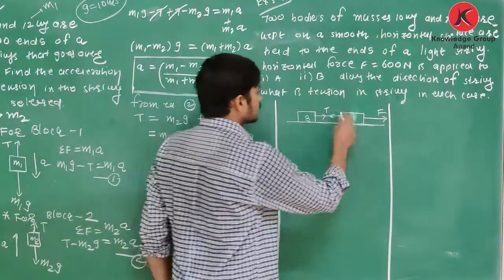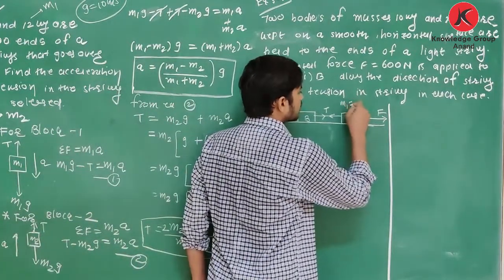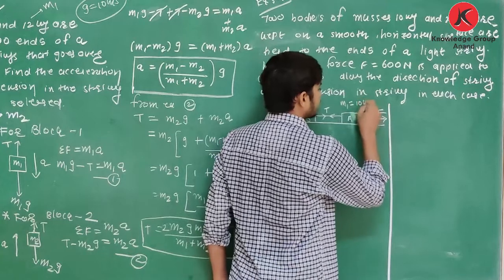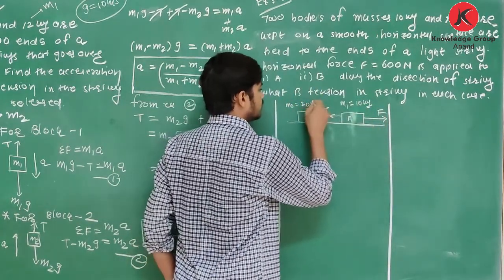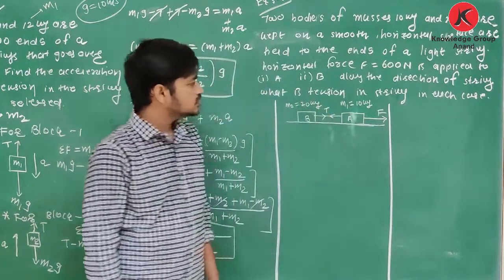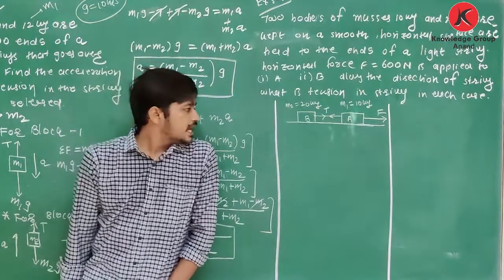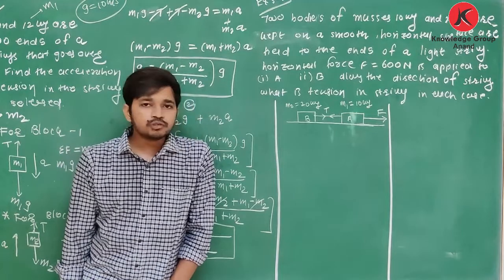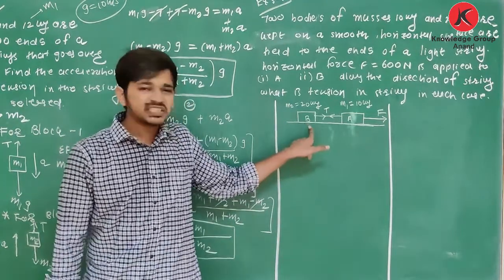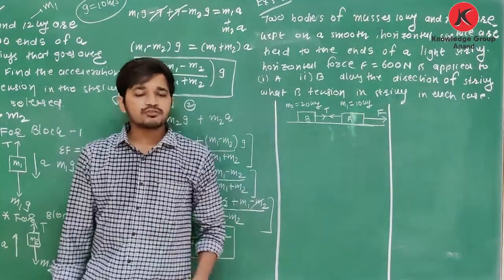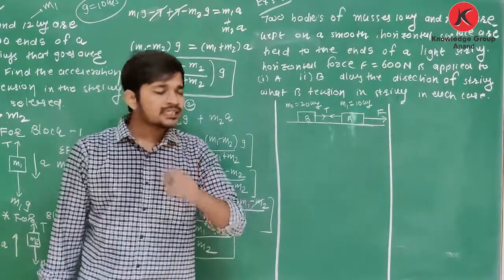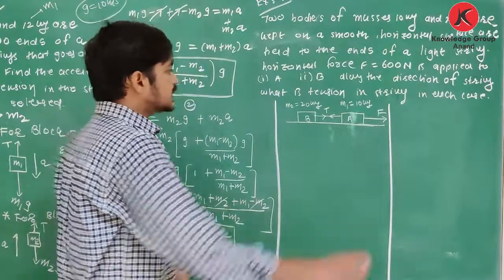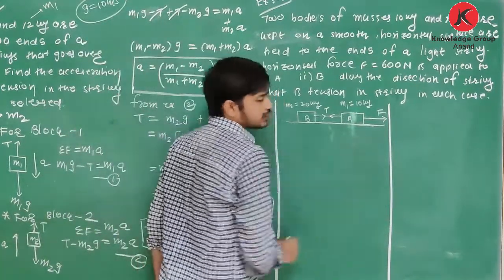Let the mass of block A, M1, be 10 kg, and the mass of block B, M2, be 20 kg. Now as the force is applied, the surface is smooth, so there is no frictional force.